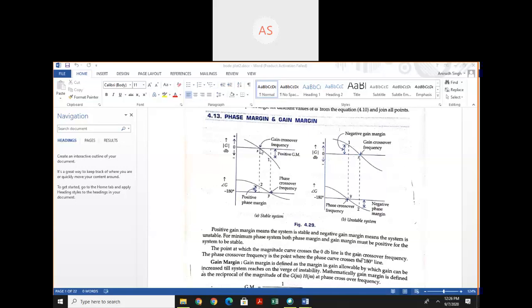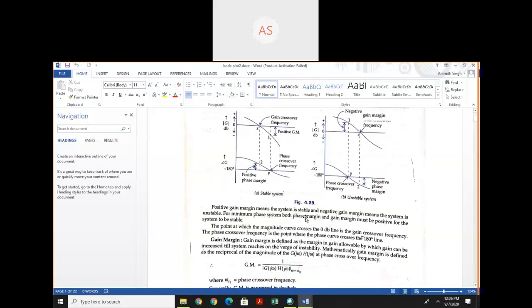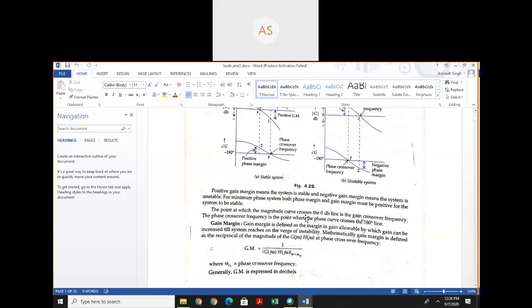Similarly, the phase crossover frequency is the point where the phase curve crosses the minus 180 degree line.